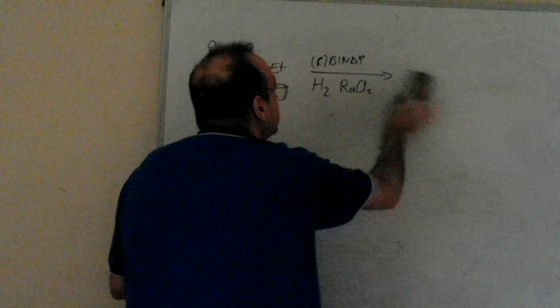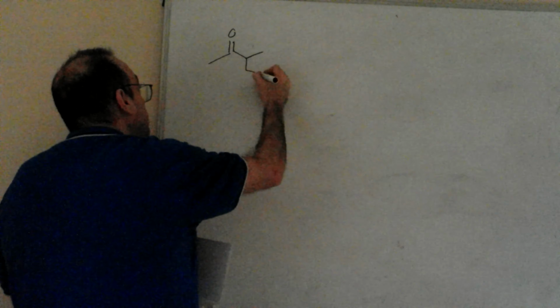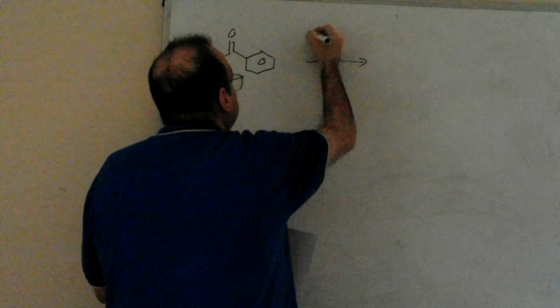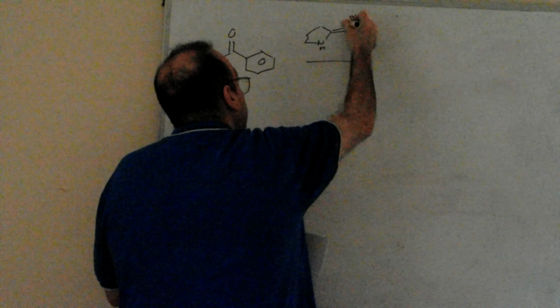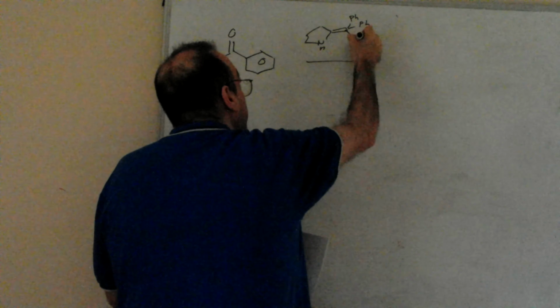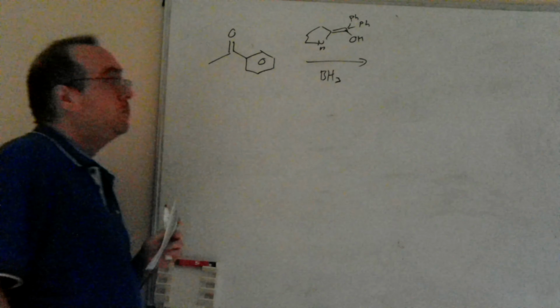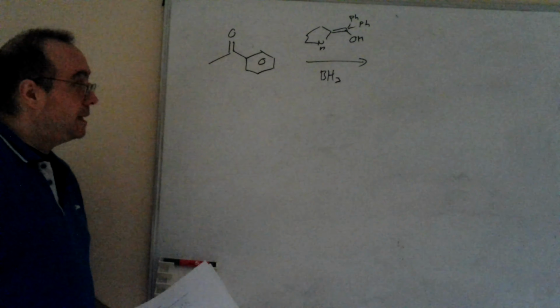Then the last one. What we have now is a CBS reduction of this ketone. We add the catalyst, and borane. What we need to do first is build the transition states.